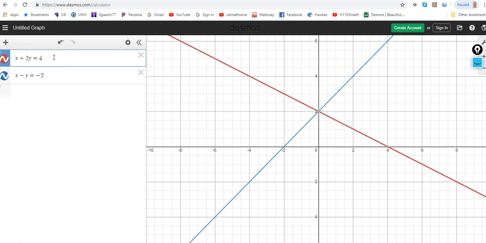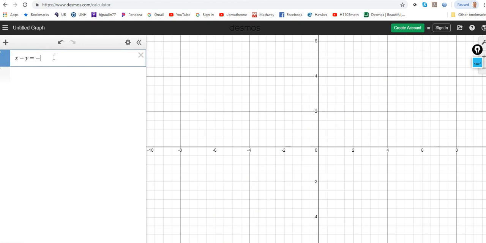Now, if we went in there and replaced this one with, let's say, slope-intercept, y equals 2x plus 3.